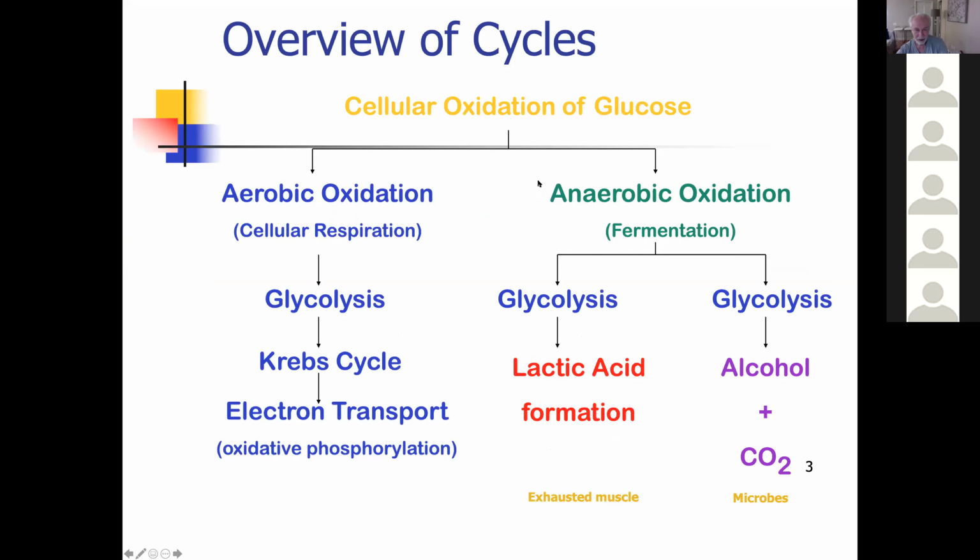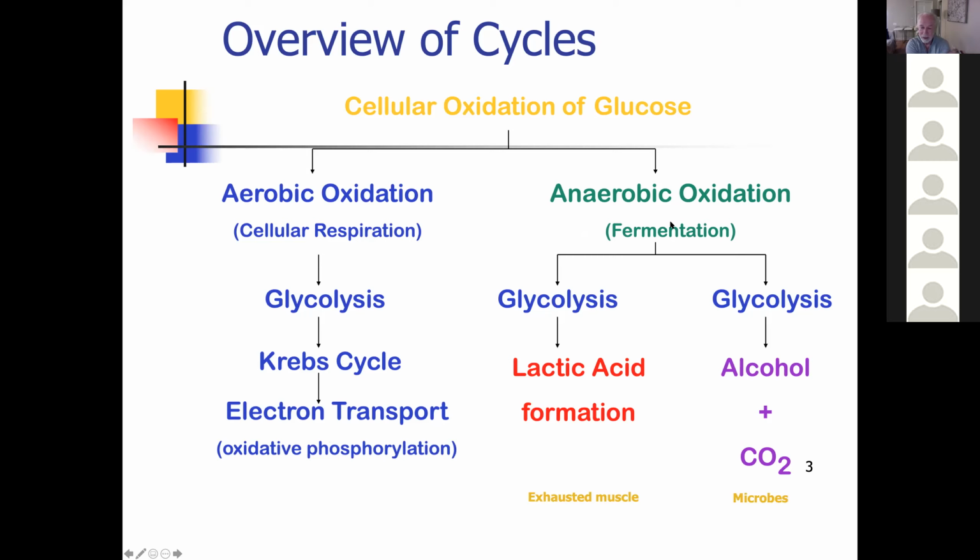So here you see a flow chart of both of them. Aerobic oxidation is called cellular respiration. The first step is glycolysis, which feeds the Krebs cycle, which feeds electron transport, which is where oxidative phosphorylation occurs, where we get the bulk of our energy. Now, what if the cell runs out of oxygen, becomes anaerobic? It's called fermentation.